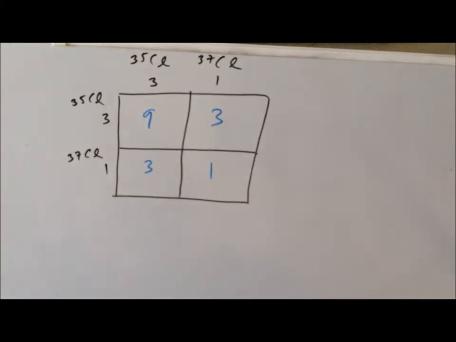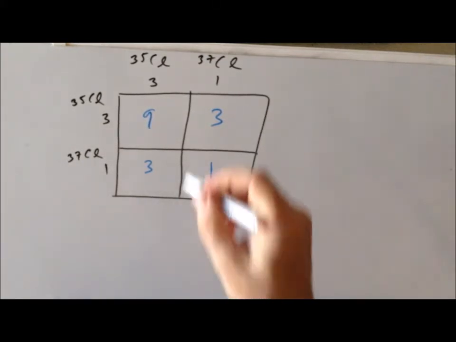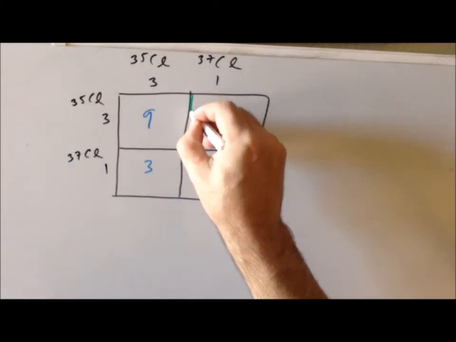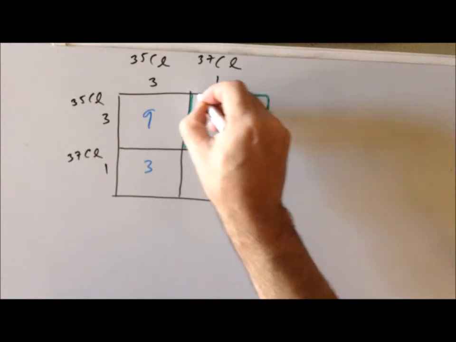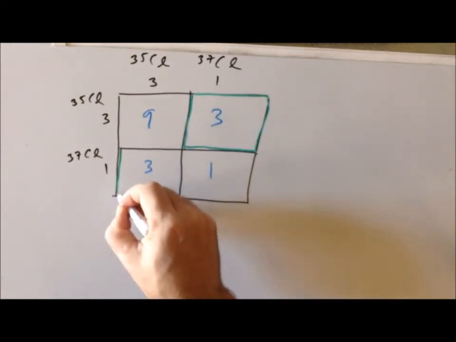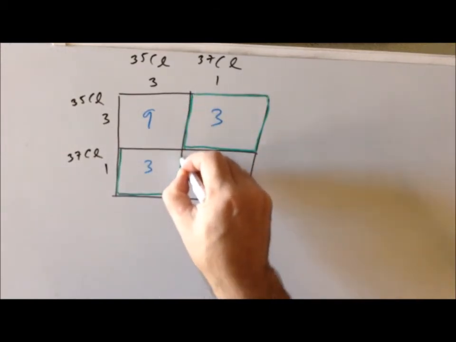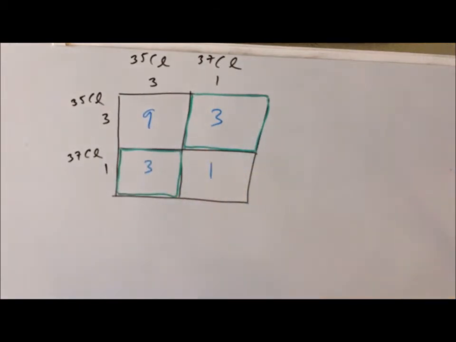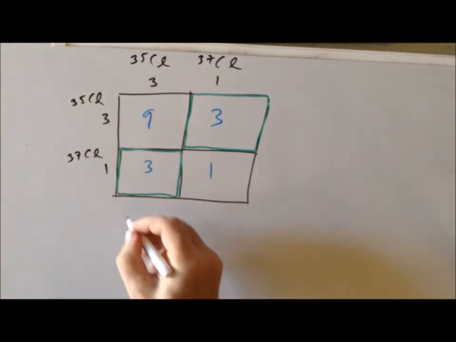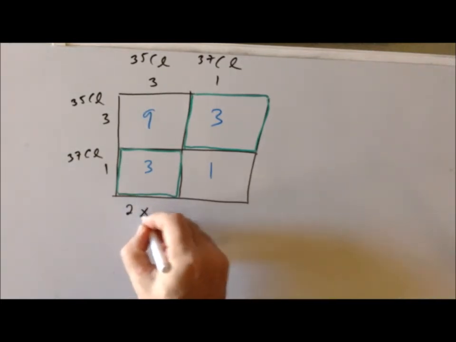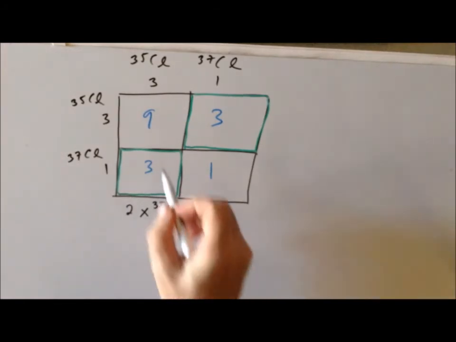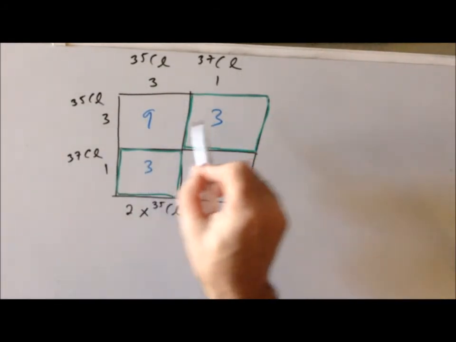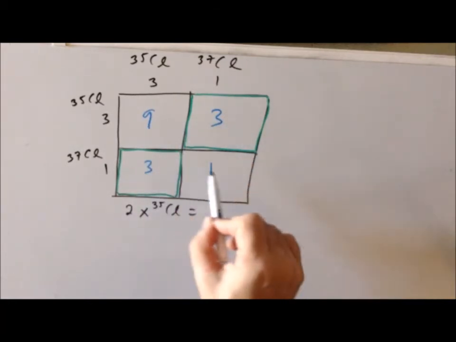One thing we want to do to make sure we calculate our probabilities accurately is to highlight these two boxes, because they correspond to equivalent circumstances. So we have to add those probabilities together. We add up all the numbers: 9 plus 3 plus 3 plus 1 gives us a total of 16.